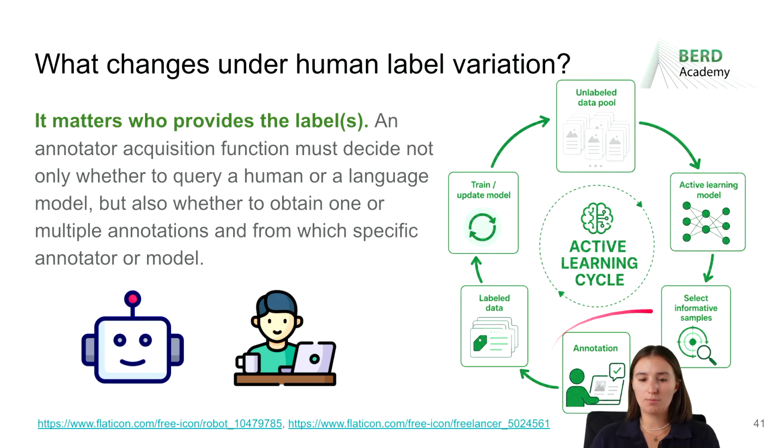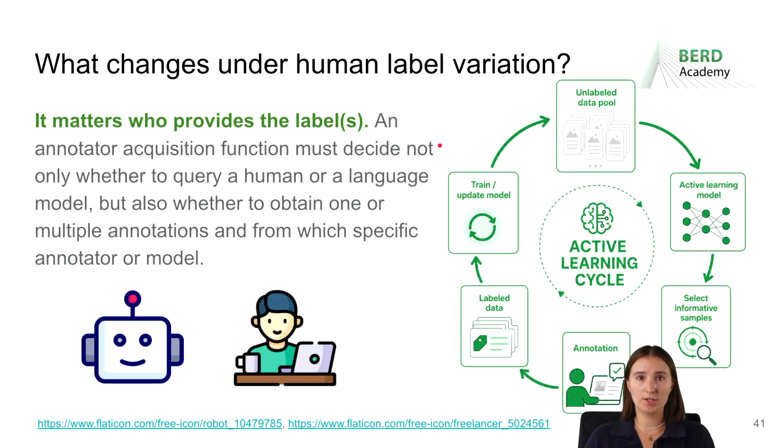Also, the annotation process itself as a next step needs to be changed for human label variation, because there it actually matters who provides the label. Is there a minority group, for example, that actually needs to be represented? And also, now that we can have LLMs as annotators, we must also decide where an automatic label from an LLM is enough, and where we really still value the human opinion.